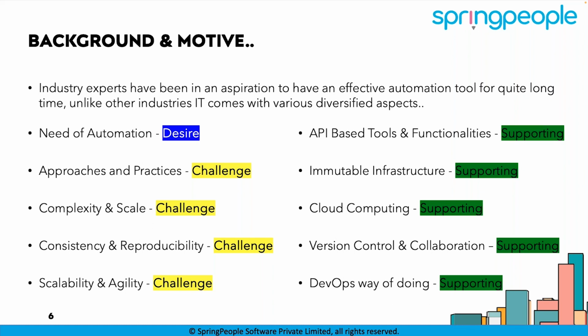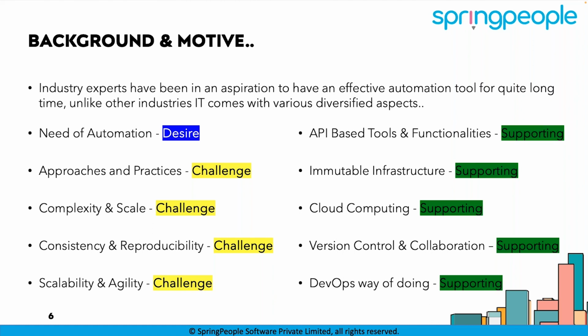Immutable infrastructure, where you don't have to really tweak anything. When you take a car to a service center, if there is a dent in the vehicle, they'll not remove the dent, they'll just replace the spare part, right? I'll talk more about immutable infrastructure in the upcoming slide.